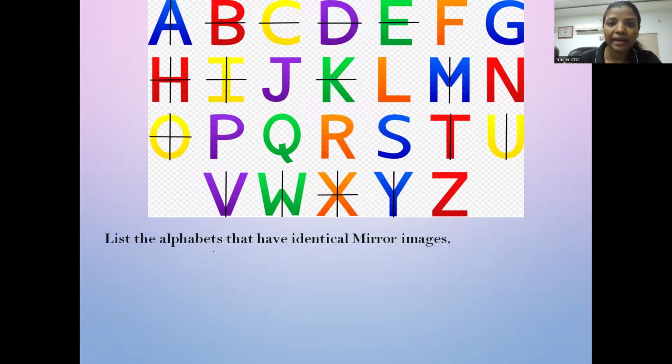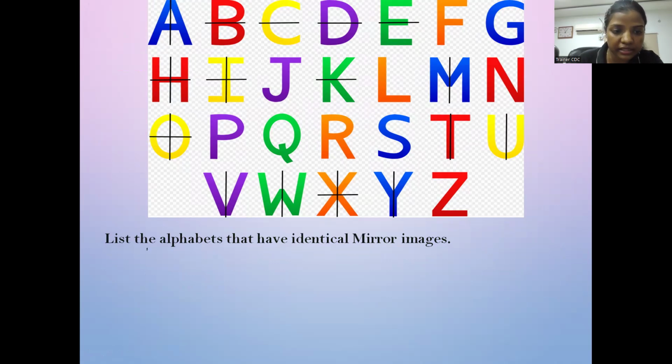Okay, so before that, I just want you to take notes of this: among the alphabets A to Z, the ones which have vertical lines like A, H, I, M, T, U, V, W will look the same in the mirror image.